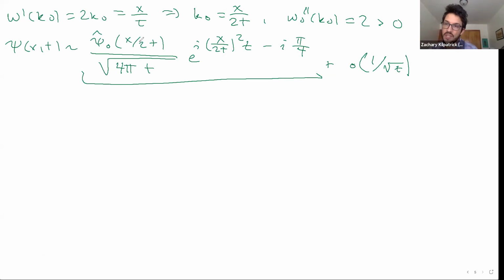And so the method of stationary phase comes up a lot in the solution to PDEs on unbounded domains. Any questions about stationary phase?